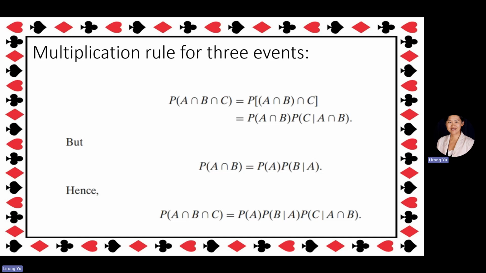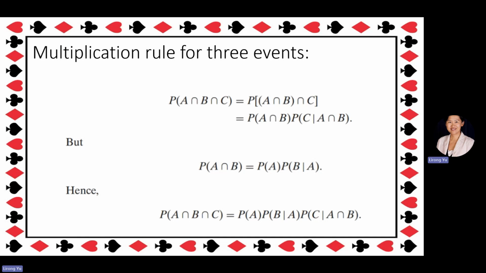Then the probability of A and B follows the multiplication rule. Altogether, the last one is the multiplication rule for three events: probability of A and B and C is equal to probability of A times probability of B given A times probability of C given A and B.